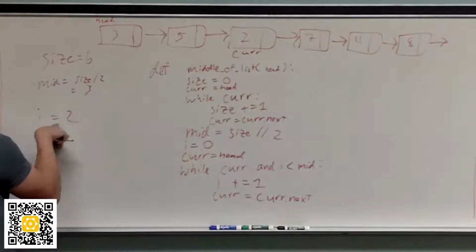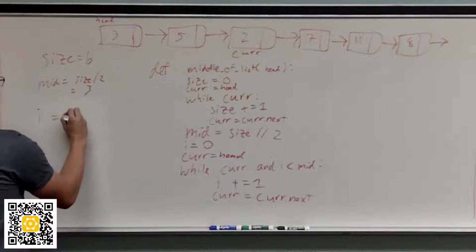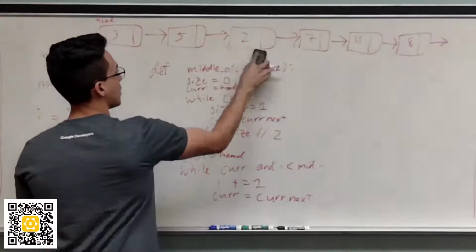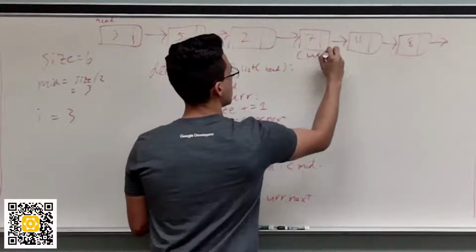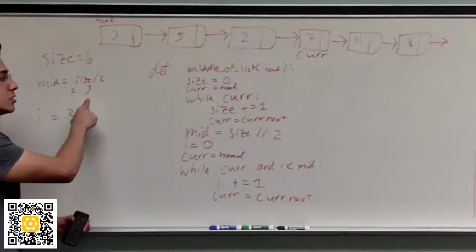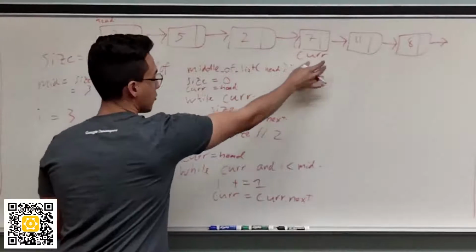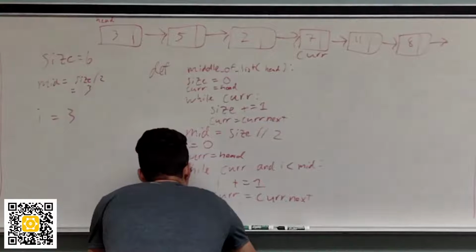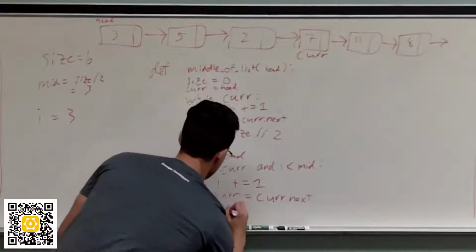Here, i is less than middle, which is 3, so we can increase it. And I said that this was going to be the middle. So cur is not null, but i is not less than 3. So we stop. So cur is left at this, and I said that was the middle, so just return that. Right, return.